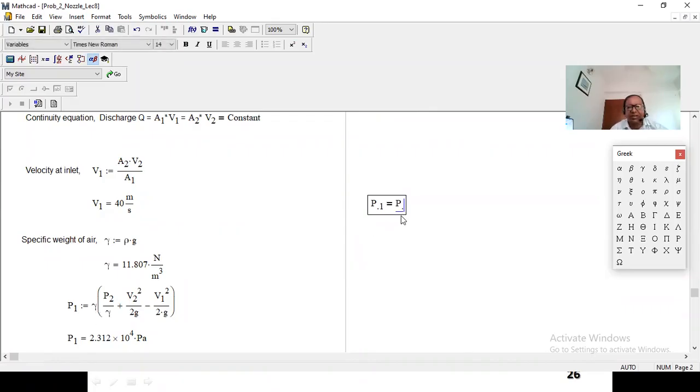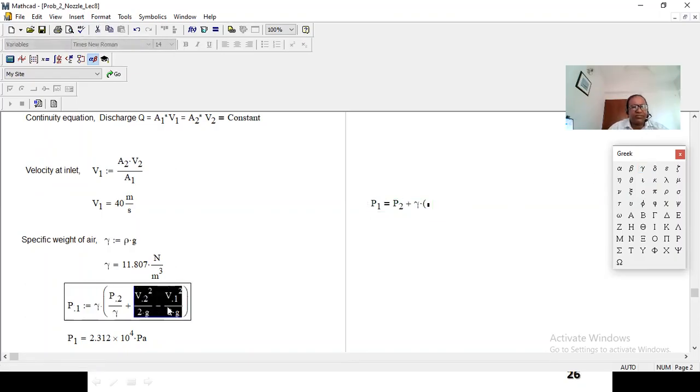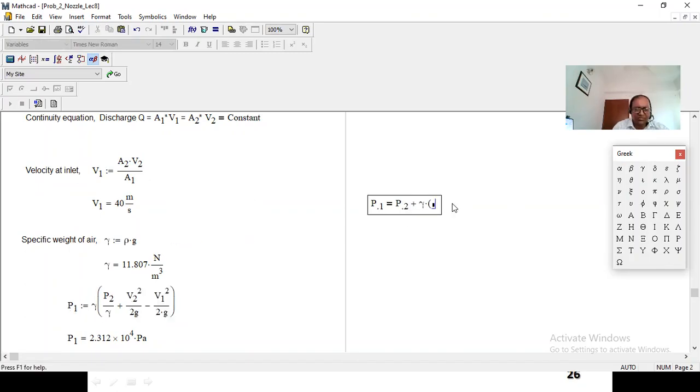So it's coming P2 plus gamma into this value, right? You have this value.